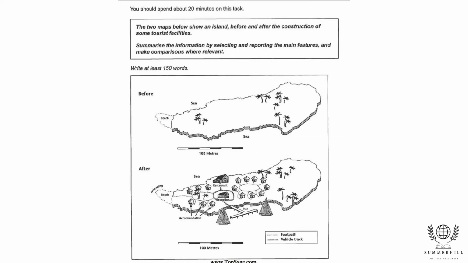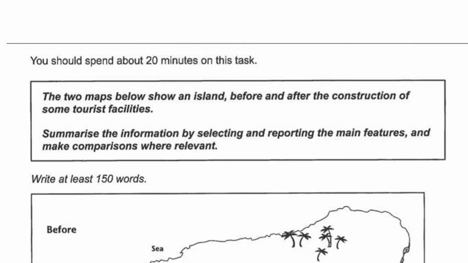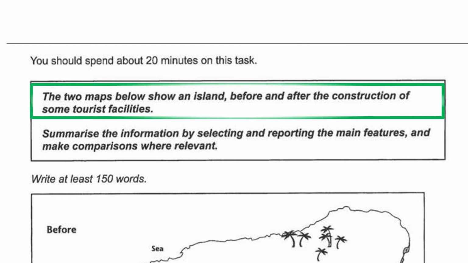So even when we're looking at this map here, we're going to ignore the map entirely. We're going to go straight to the paraphrase. We're going to ignore the charts and graphs and the pictures and everything else in IELTS Writing Task 1, and we're just going to focus on that one sentence because it's going to give us a better understanding of what it is that we're actually going to describe.